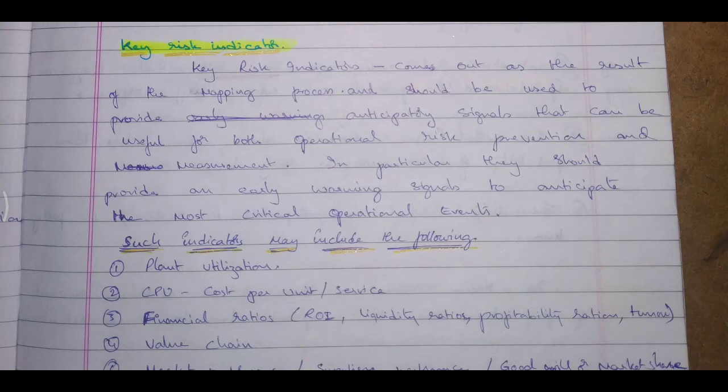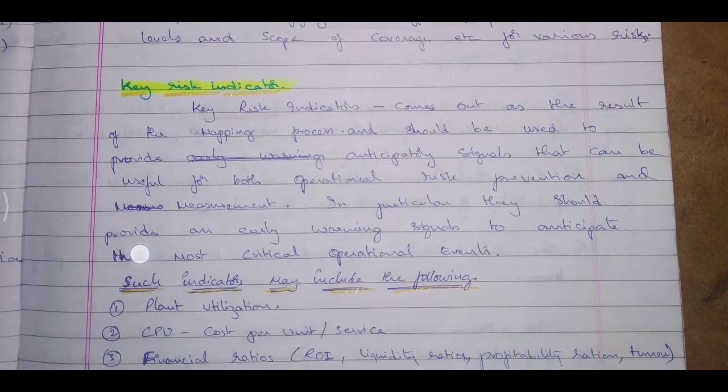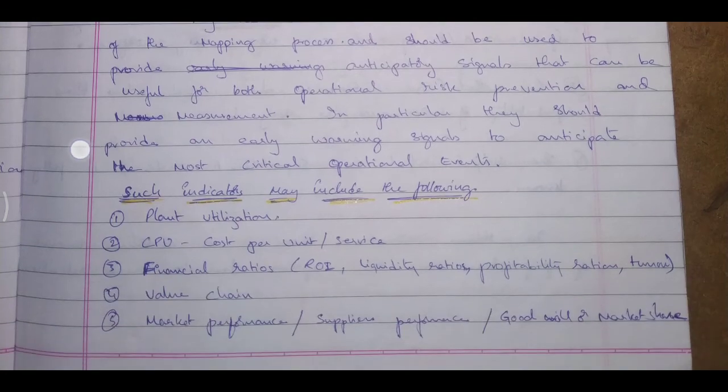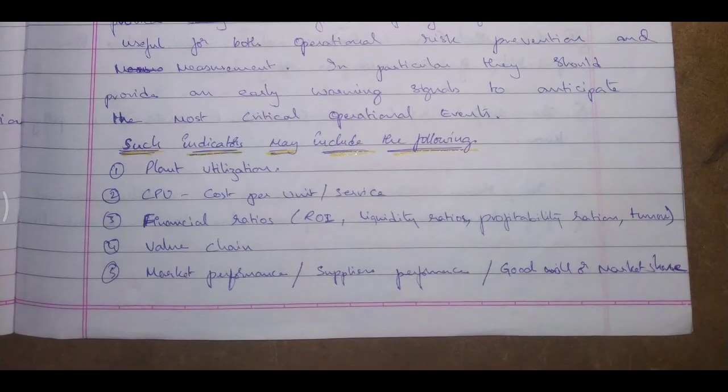In particular, they should provide early warning signals to anticipate the most critical operational events. Such indicators may include the following: plant utilization, cost per unit, financial ratios, value chain, market performance, etc.